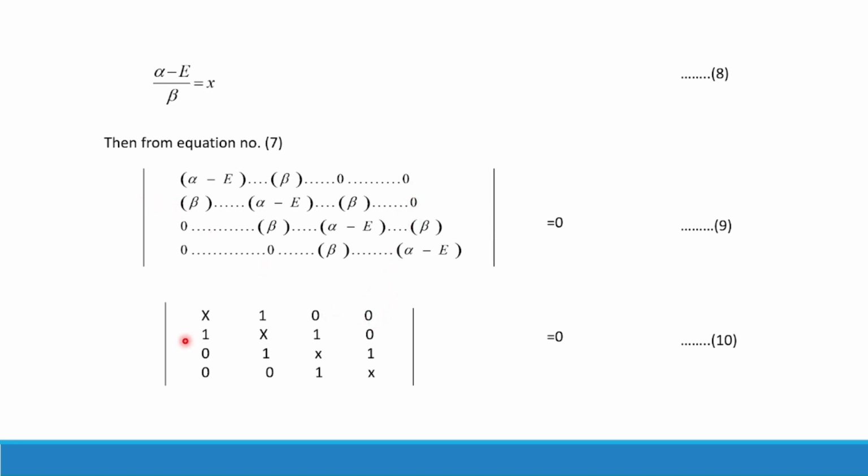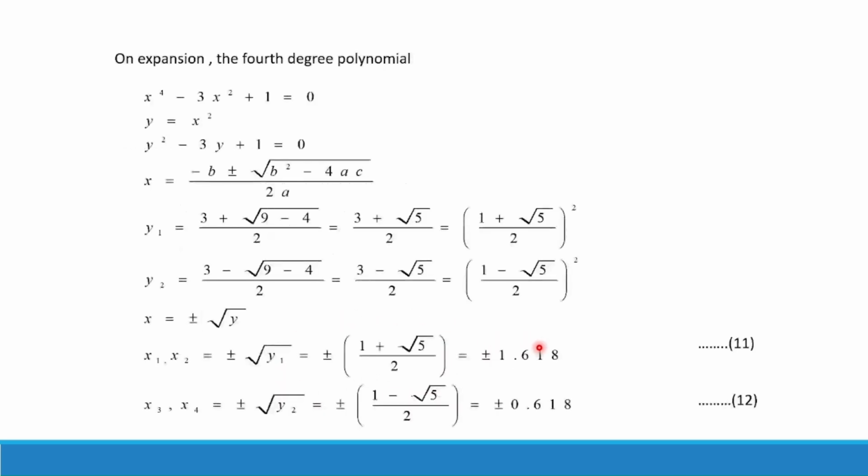Similarly, beta by beta is again 1, alpha minus E by beta is equal to X. Beta by beta is equal to 1, and 0 by beta is equal to 0. So 0, 0, beta by beta is equal to 1, alpha minus E by beta is equal to X, beta by beta is equal to X, and similarly 0, 0, 1 and X. So we can write this determinant in the form of X.